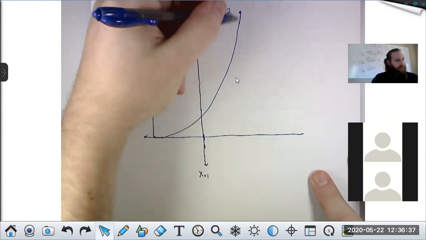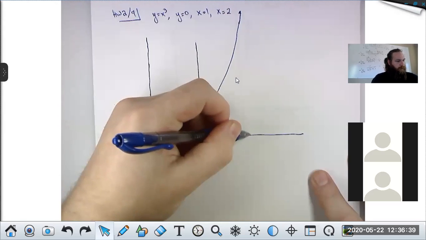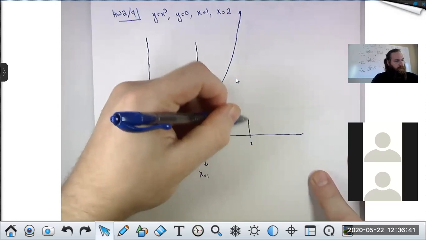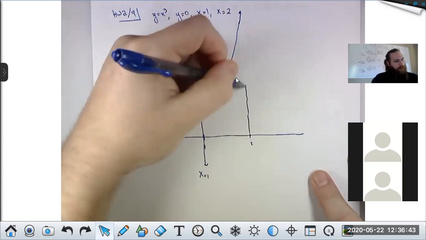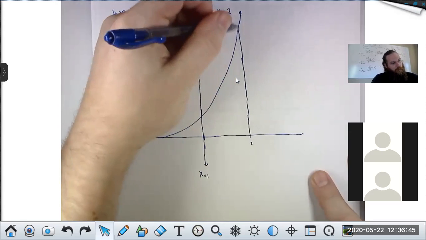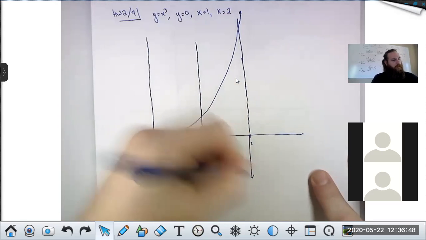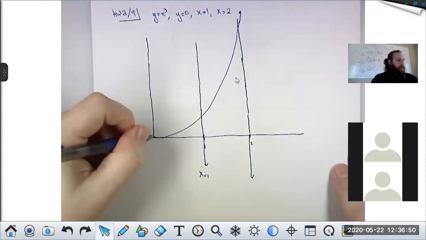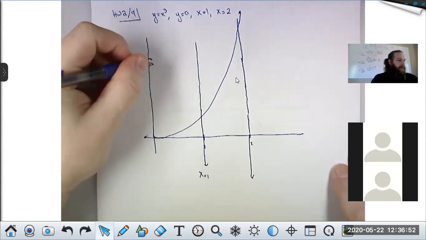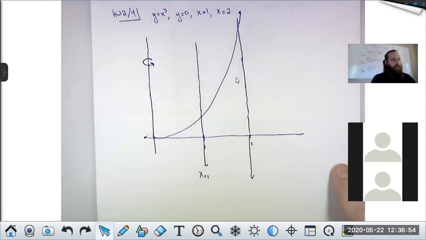We'll call this x equals 2. So here's the line x equals 2. And I want to rotate this region about the y-axis. So we're going to spin this region about the y-axis.